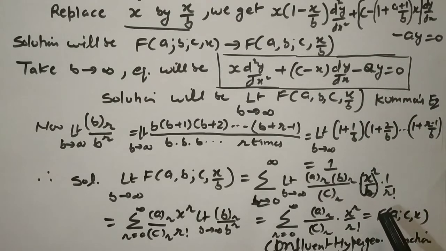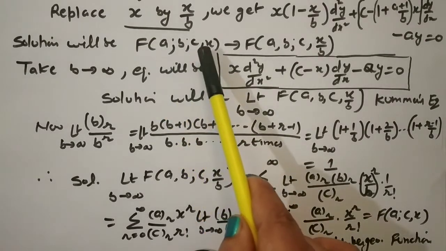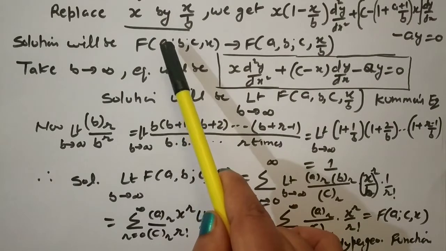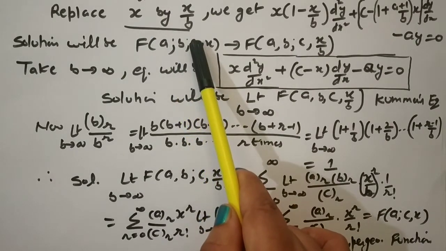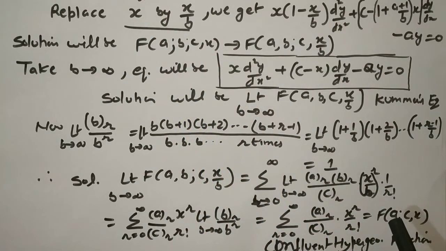Because we have eliminated b, the solution contains only two parameters. The hypergeometric function has three parameters a, b, c, but the confluent hypergeometric function has only two left, a and c. So this is the solution, which can be written like this: F(a; c; x).